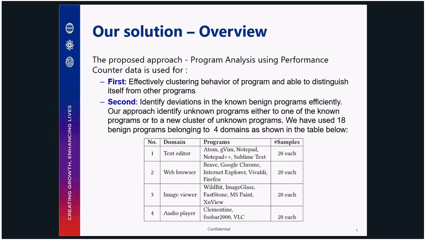That also we are going to do. We'll explain the data set chosen in further slides. These are the various domains we have chosen: text editor, web browser, image viewer, and audio player, and some programs for each of these domains.